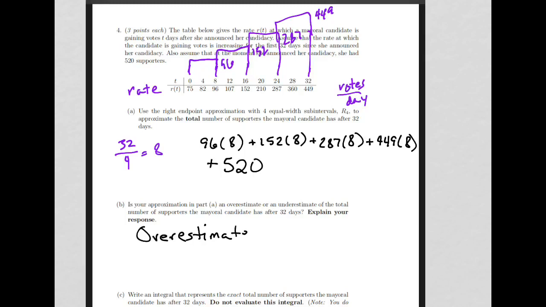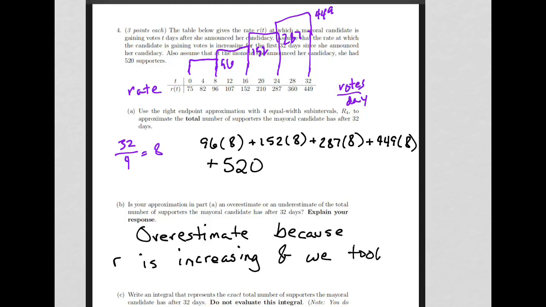And then if we wanted to give our reasoning, it would be because R is increasing, and we took a right sum.